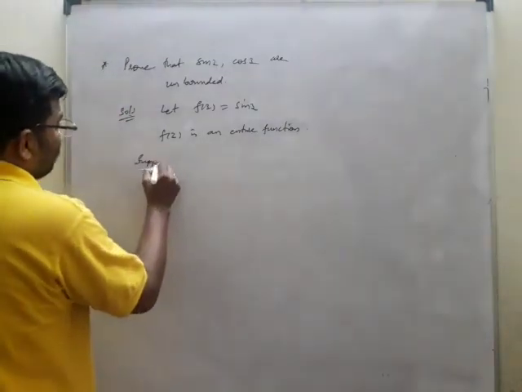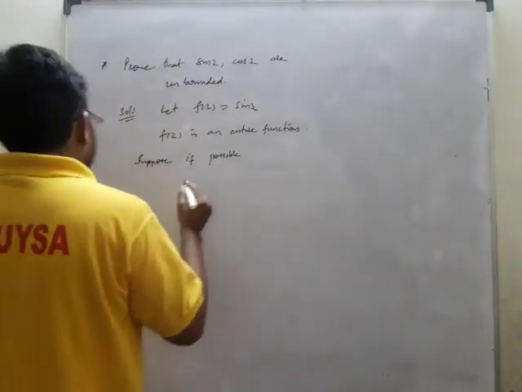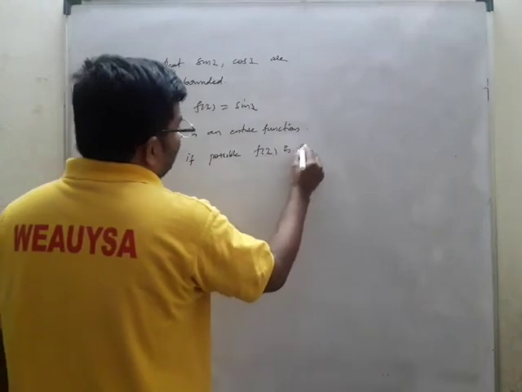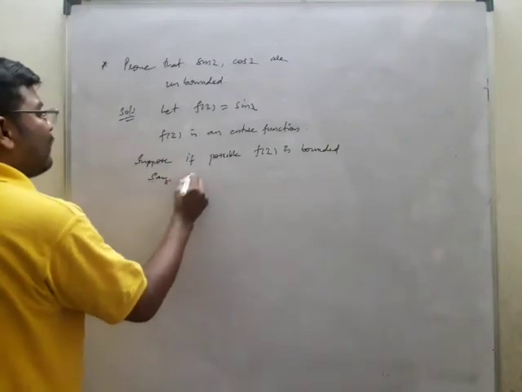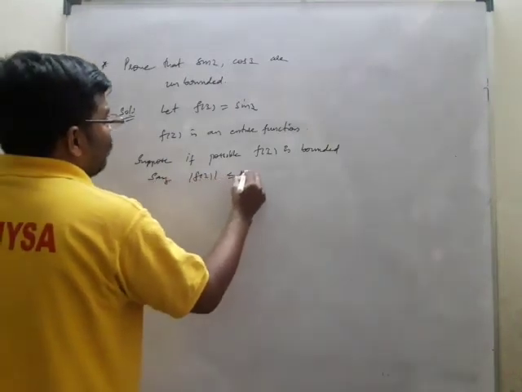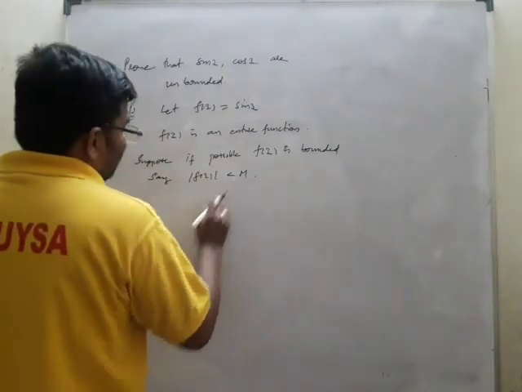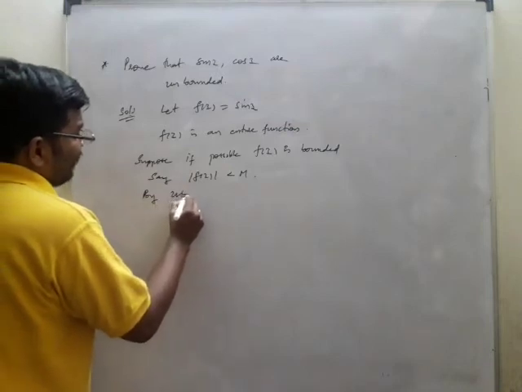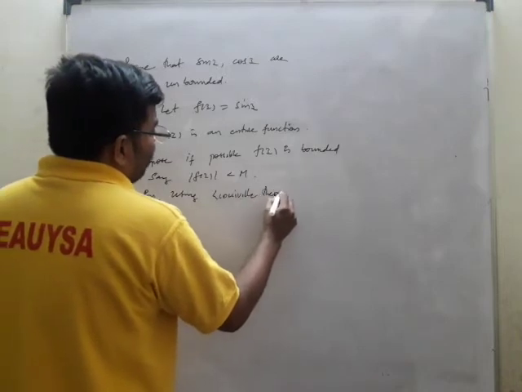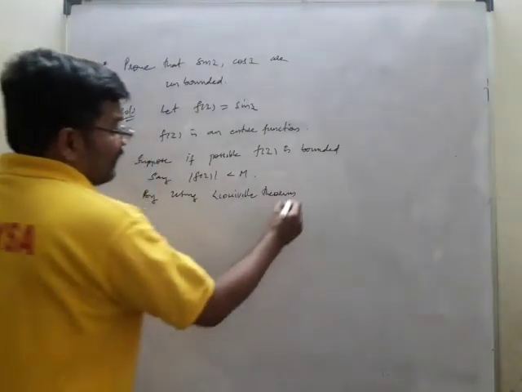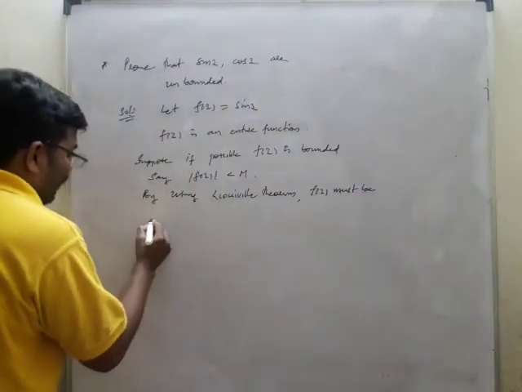Suppose, if possible, f(z) is bounded, say |f(z)| is less than or equal to M. Then by using Liouville's theorem, f(z) must be a constant function.